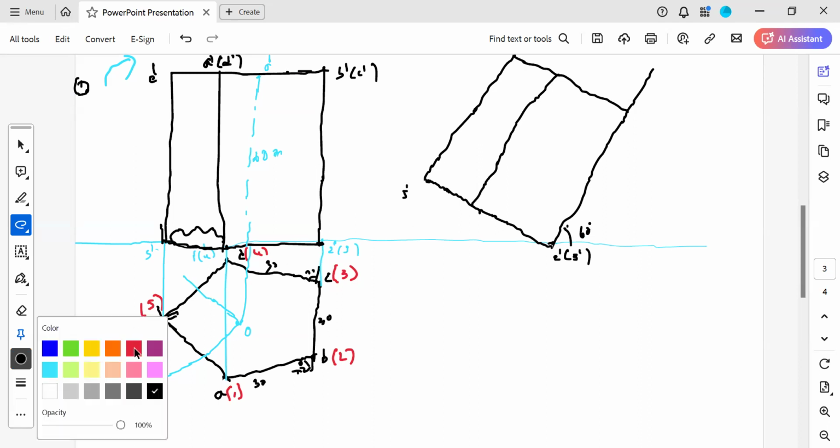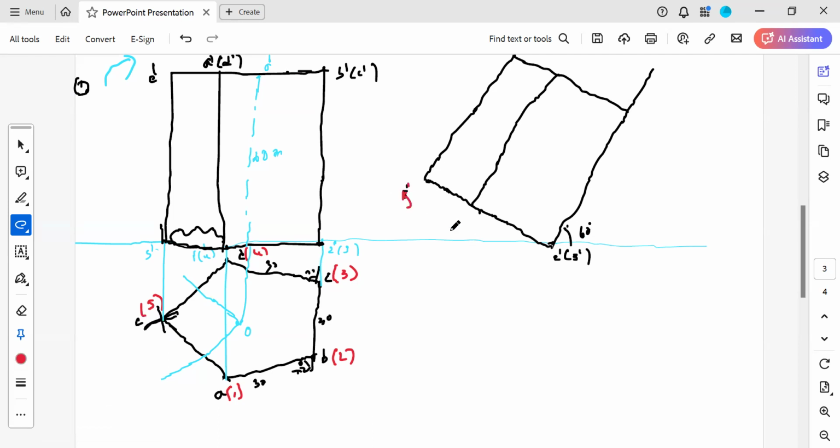So notations will be as usual. This will be 5 dash and this will be 1 dash of 4 dash. This will be 2 dash of 3 dash, and here this will be E dash. This will be A dash of D dash.